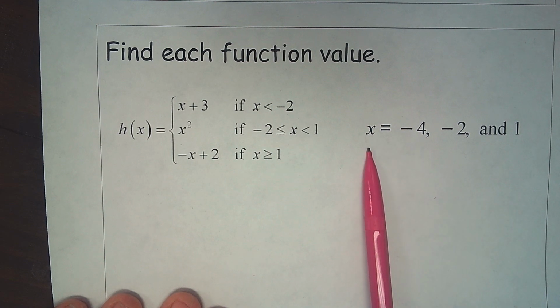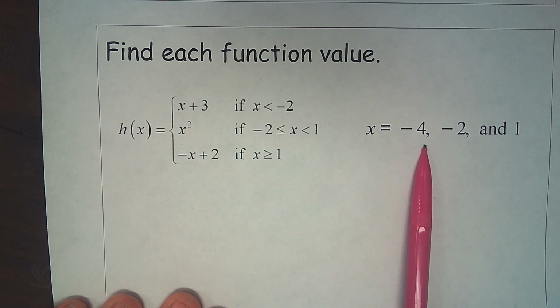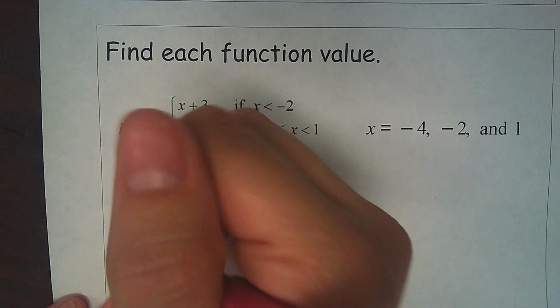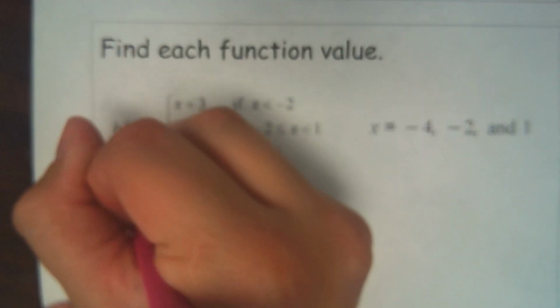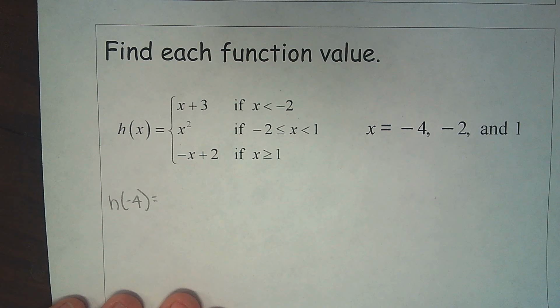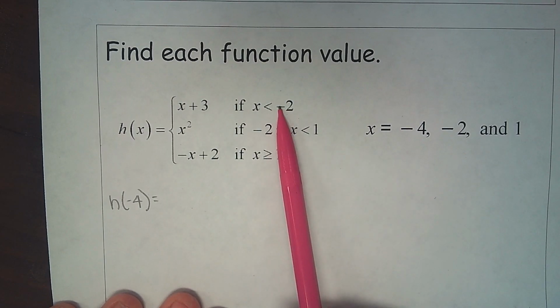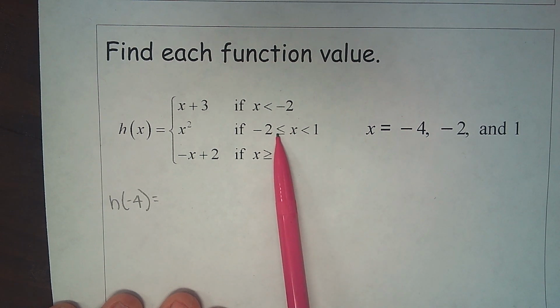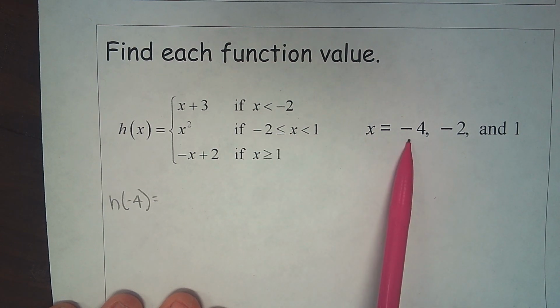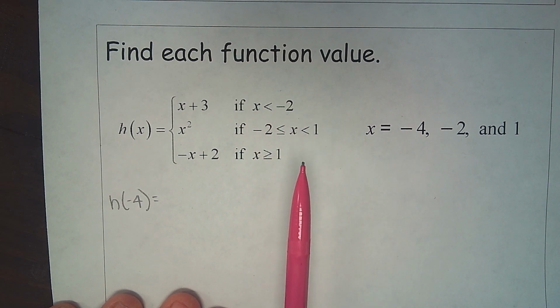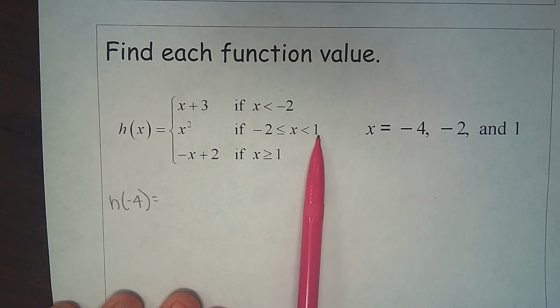And then it's asking us to figure out what our function value will be when x equals -4. Another way you can think of that is, well, what is h of -4? So in order to do this, kind of like what we did earlier, we need to first figure out which of the 3 domain restrictions -4 falls into. So is -4 less than -2? Is -4 between -2 and 1?